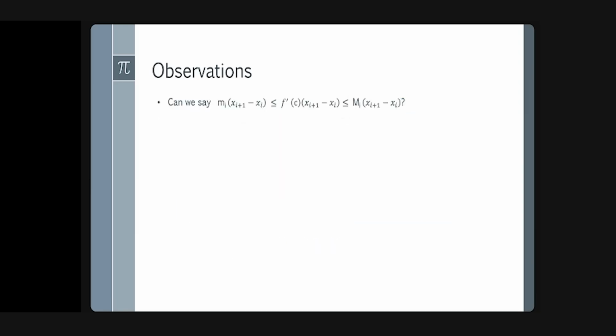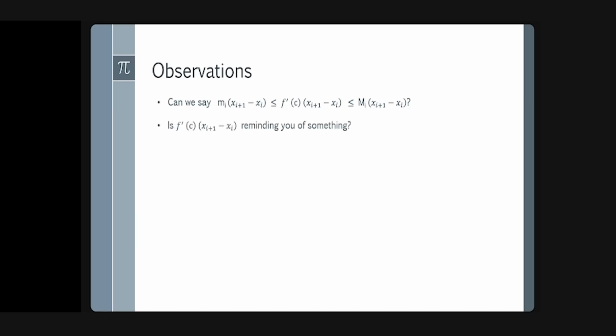Now I want to ask another question. Is this also true? Can we say this? Yes, essentially, because we are just multiplying by a positive real number, right? The length of an interval is positive, and we are multiplying it to each term in this inequality. So yes, this makes sense. This is true.